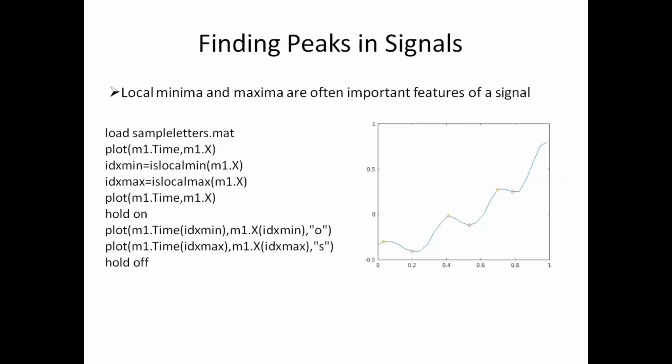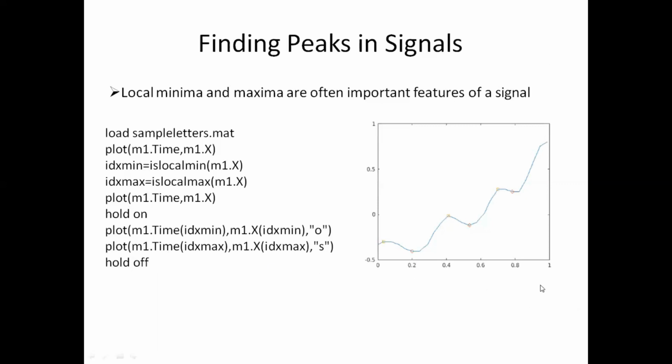Once we use the islocalmin and islocalmax functions to identify the minimum and maximum points, we want to plot it and see whether those points are identified correctly. So for that I am making a plot of time versus x position. That is the plot that you can see here.